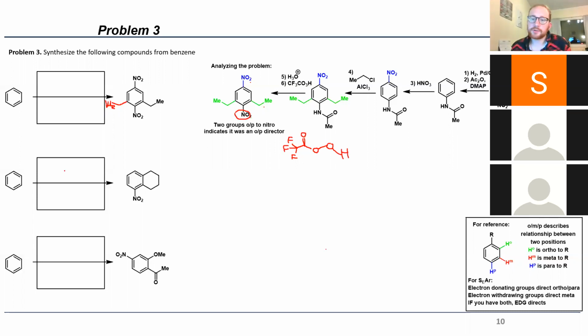And so I'm getting a couple of good questions in the chat, and one good question is, is this protection step necessary? Do we need to have a protected aniline for our Friedel-Crafts alkylation? And the answer is yes.